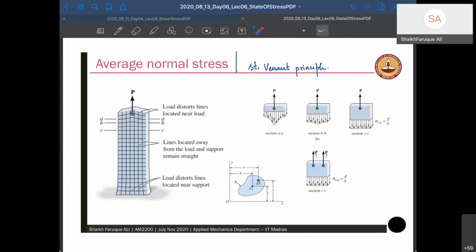This is not only for the location of application of load. It also depends on various other things. For example, one is a sharp change in geometry. Two is the location of application of load.